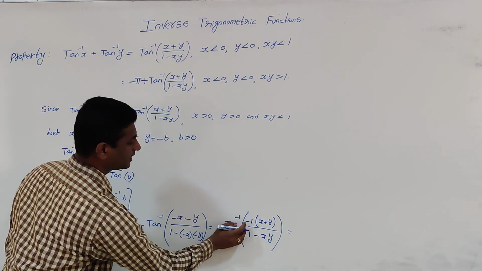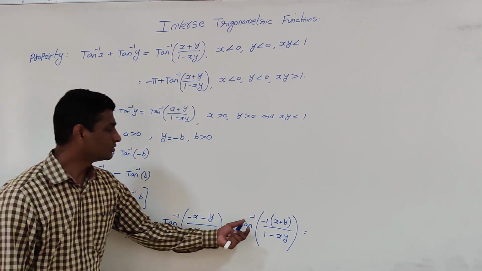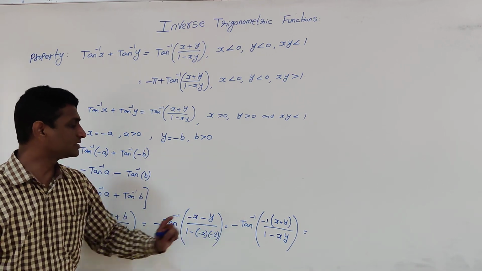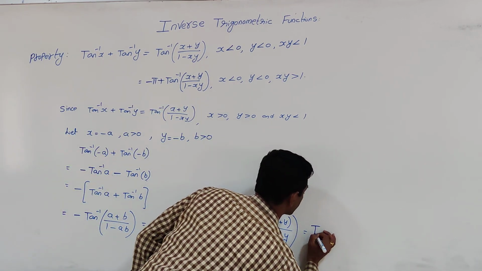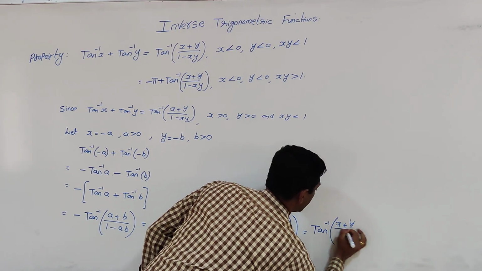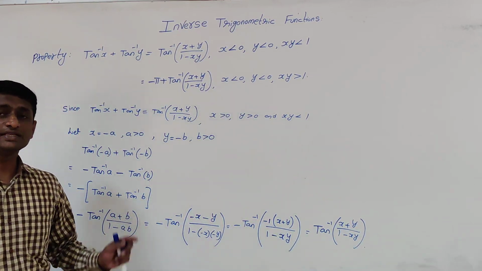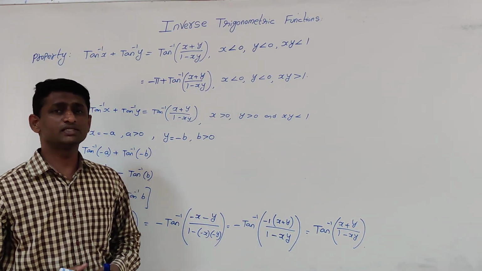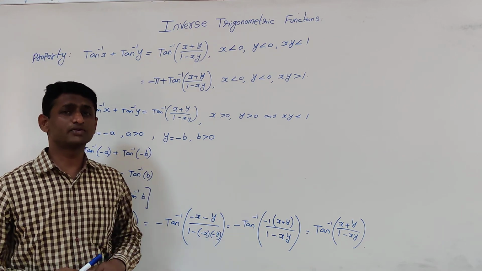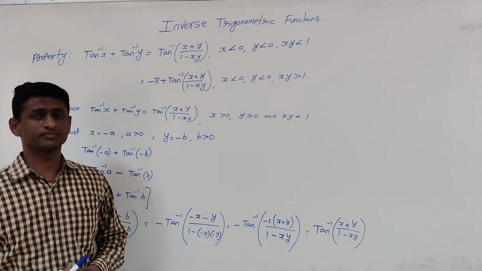But it is again in the form of tan inverse of minus x value. So tan inverse of minus x is again minus tan inverse of x, but already one minus is there, so it will be tan inverse of (x plus y) by (1 minus xy). Means if x is less than 0, y is less than 0 and xy is less than 1, then tan inverse of x plus tan inverse of y will be tan inverse of (x plus y) by (1 minus xy).